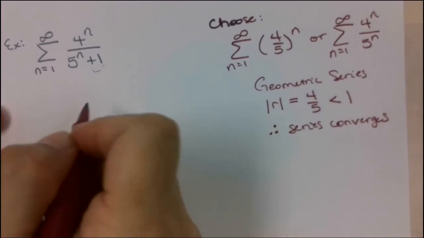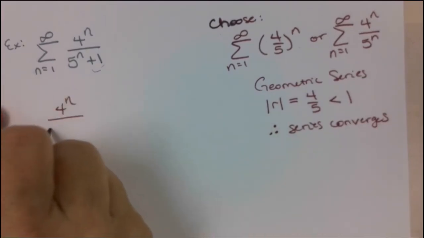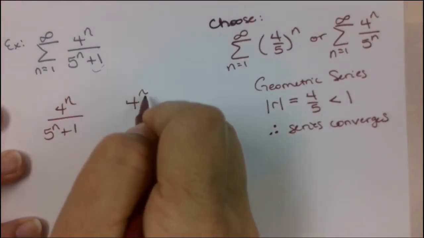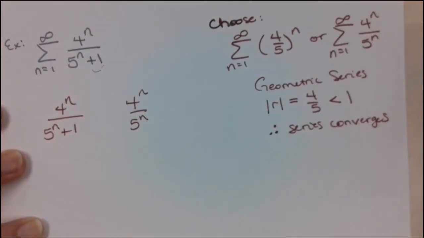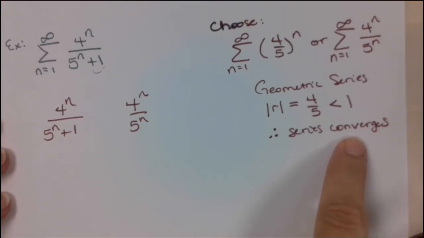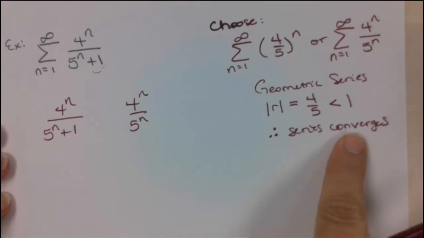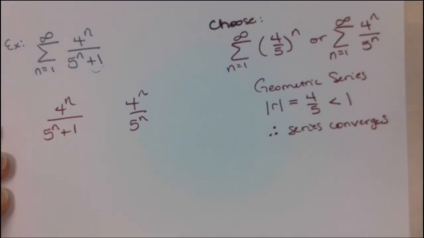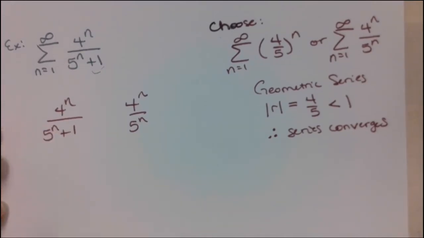So now we want to compare the two. 4 to the n over 5 to the n plus 1, and I'm comparing to 4 to the n over 5 to the n. Now again, since my chosen series, my known series converges, I'm hoping that the other one is smaller, because if these terms are smaller than that, they have to also approach 0 quickly.